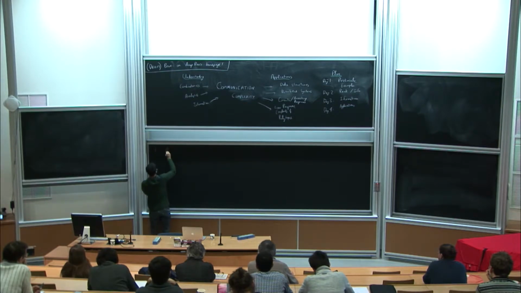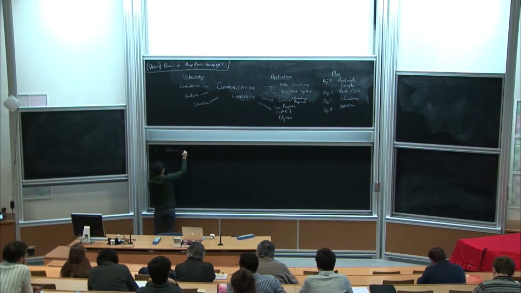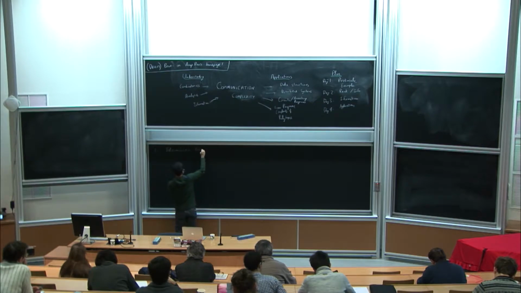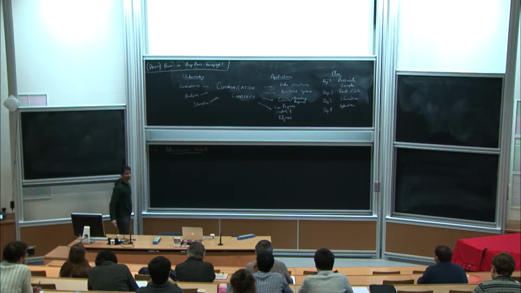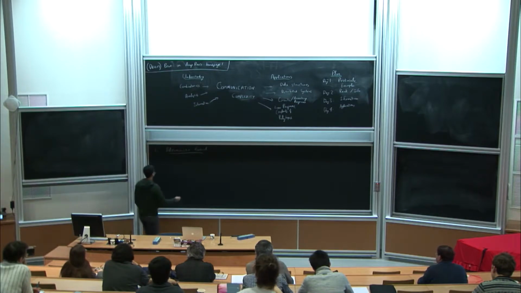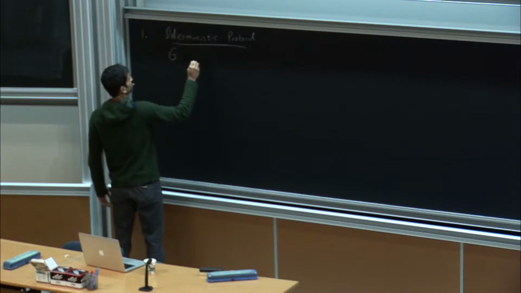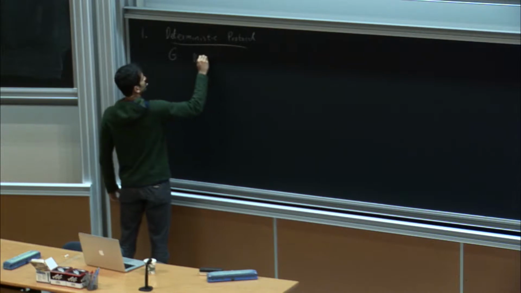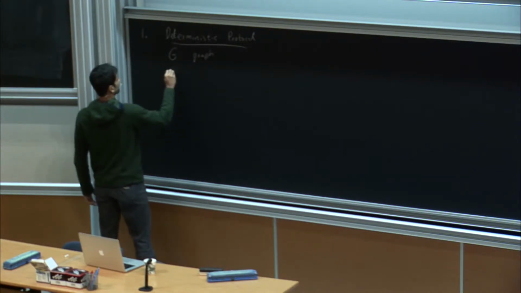Okay, so let me tell you the setup. The problem looks like this. There are two parties, Alice and Bob, and there's a graph G that they both know ahead of time.